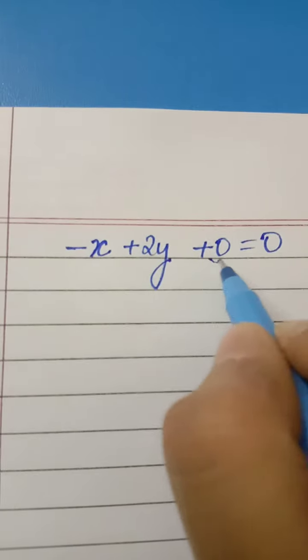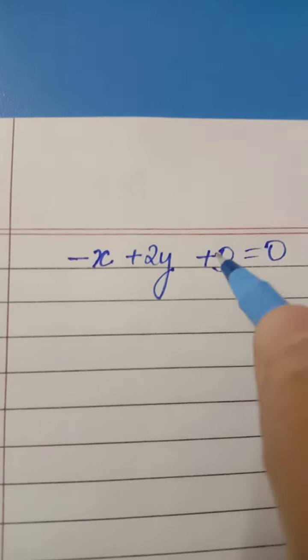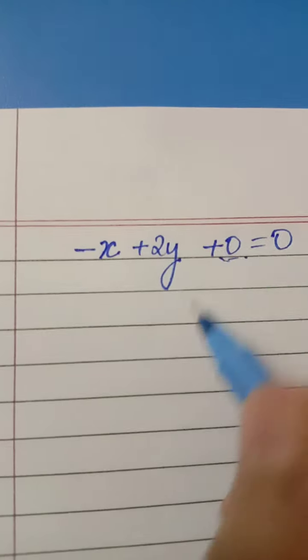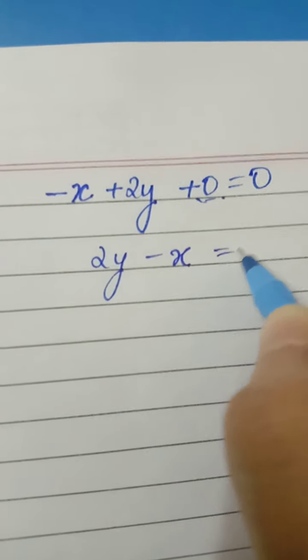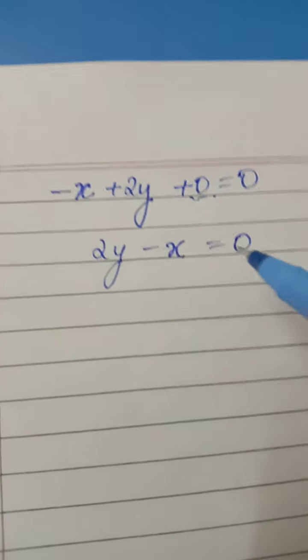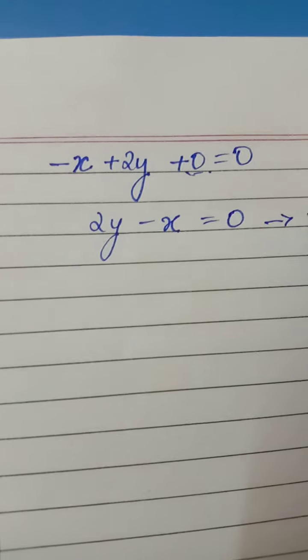We have 0 here, so no need to write it. We can simply write it as 2y minus x is equal to 0. This is our first equation.